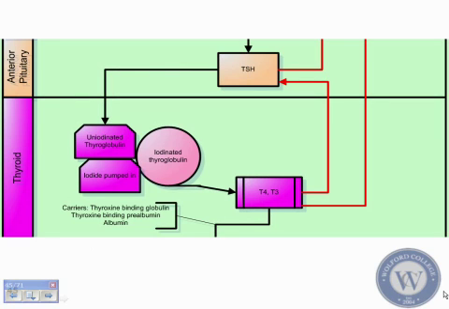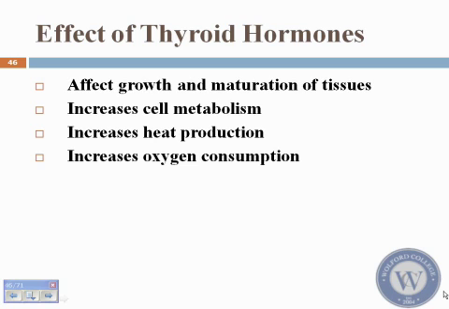So what you see is T4 and T3 being produced. The effect of thyroid hormones is that they affect the growth and maturation of tissue. They increase cell metabolism, and as soon as you increase cell metabolism, you consume more oxygen. You produce more ATP, but you also produce more CO2 and water.